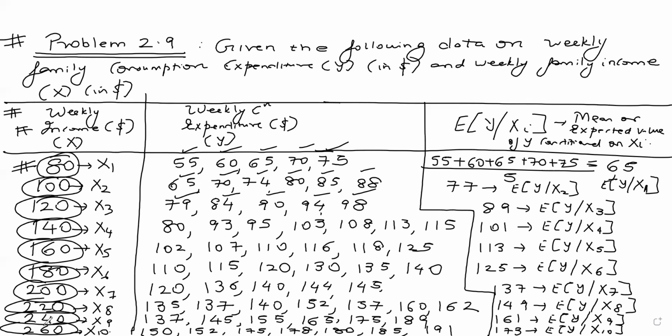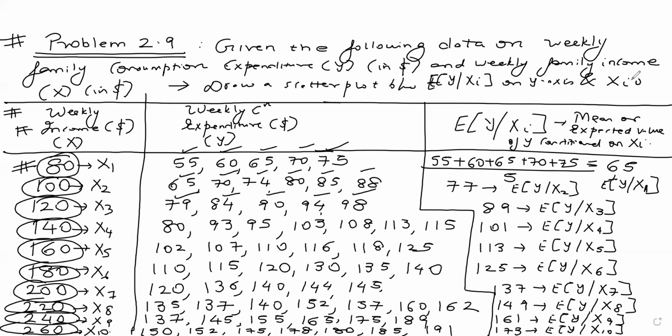Okay, so now what is the next part asking us? The next part is asking us to plot a scatter diagram. So we are not going to plot it. Plotting is something which you can do on your own. Draw a scatter plot between expected value of y conditional on xi on the y-axis and weekly income xi on the x-axis.